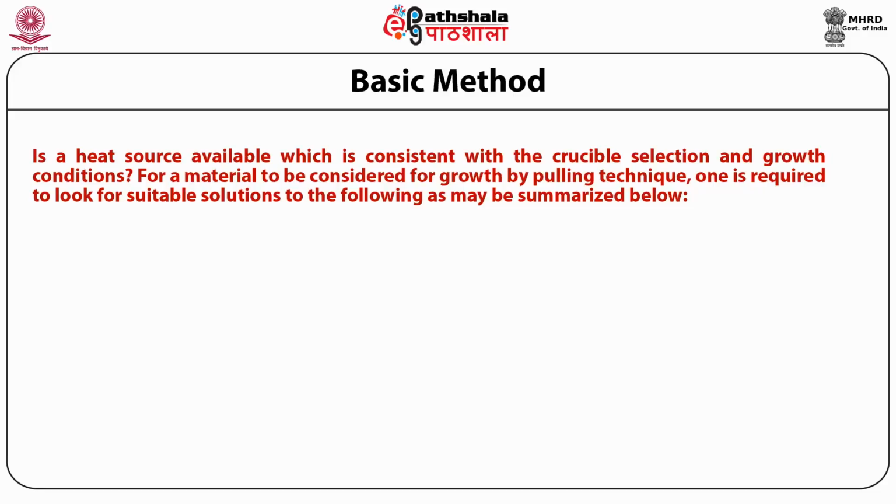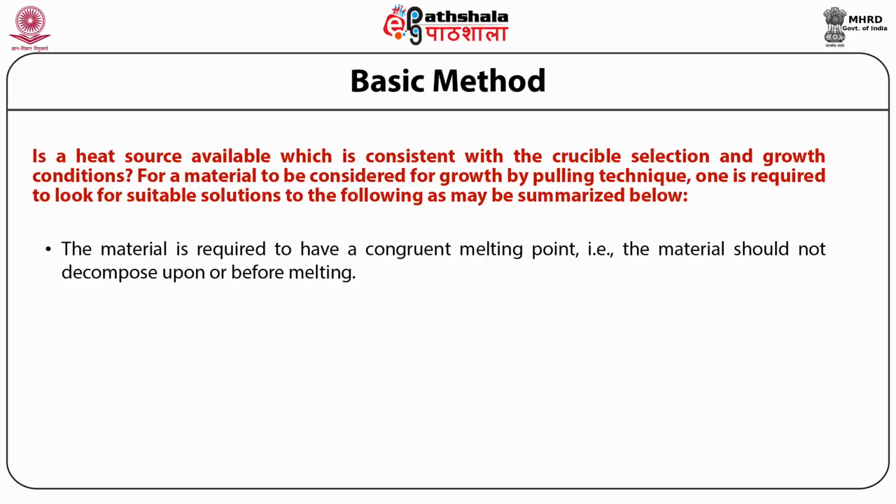For a material to be considered for growth by pulling technique, one is required to look for suitable solutions to the following, as may be summarized below. Number 1. The material is required to have a congruent melting point. That is, the material should not decompose upon or before melting.